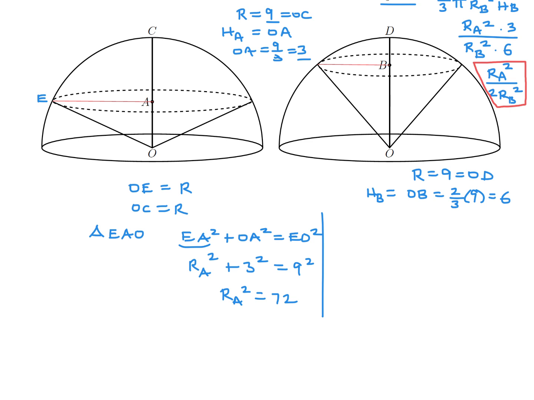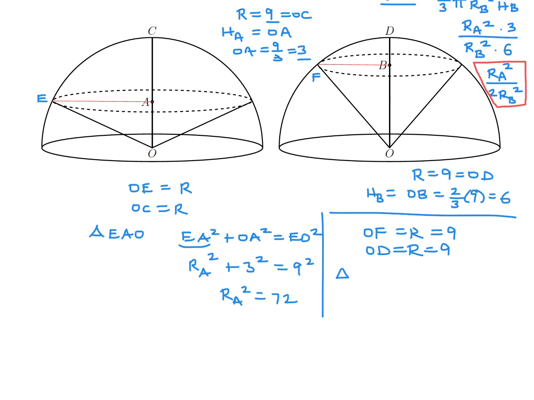And you can call that point F, where it touches. In a very similar way, this time OF is the radius, which is 9. And not that it matters, but I just wanted to compare that to OD, which is also 9.